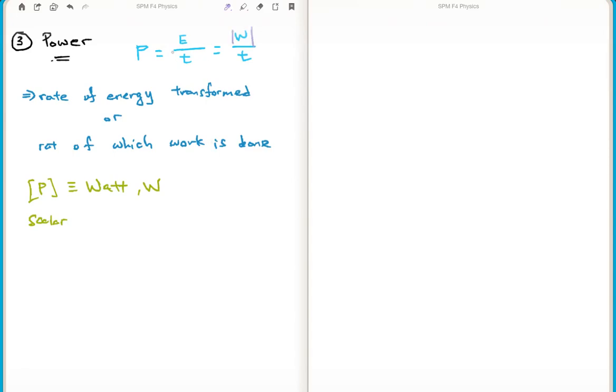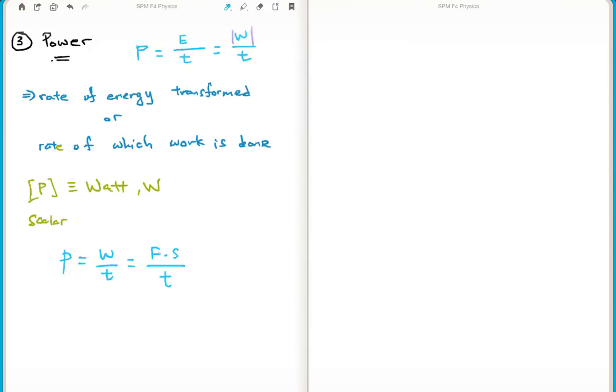Now, if you look carefully at this equation, especially for the rate at which work is done, P is W over T. Now, work done W is F dot S over T, right?